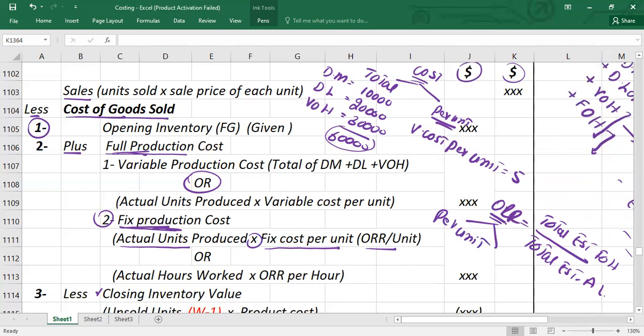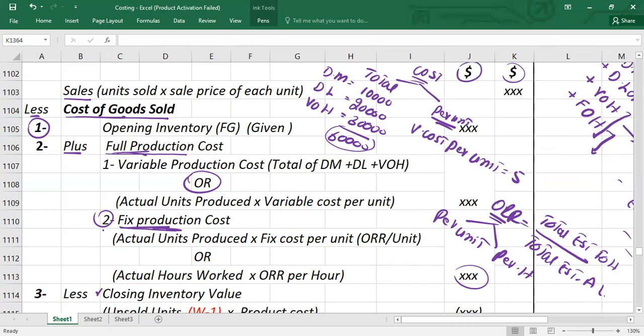Once you multiply, you will get fixed cost. But if he told you the overhead recovery rate per hour, meaning maybe per labor hour or per machine hour, in that scenario what do you have to do? You have to take actual hours worked times the overhead recovery rate per hour. So you will get fixed cost. Okay, you have to remember all these scenarios, please.